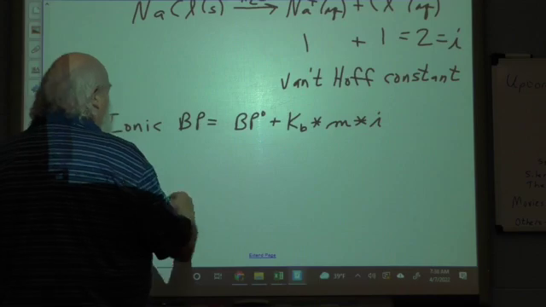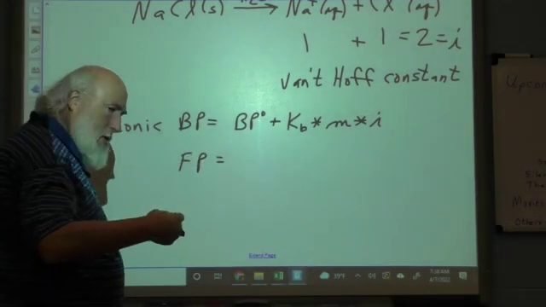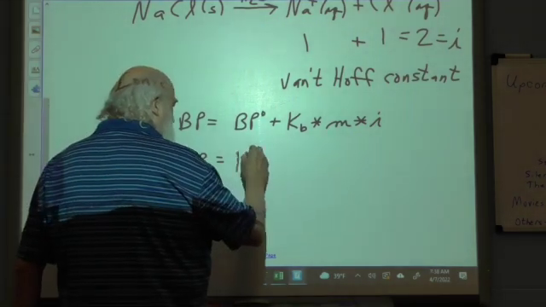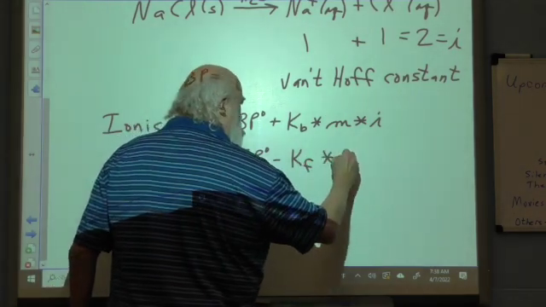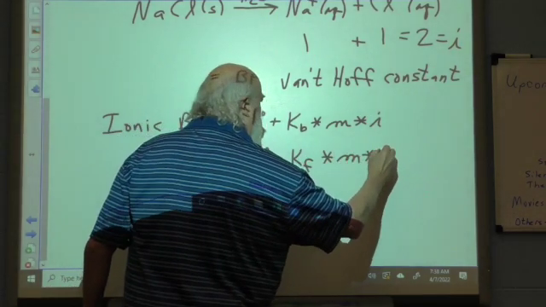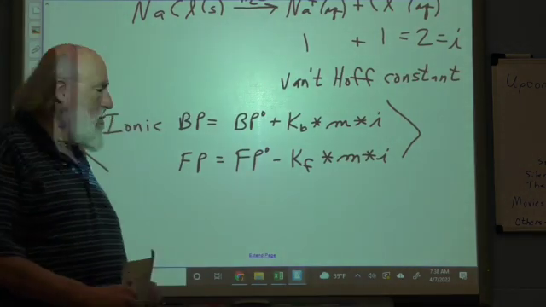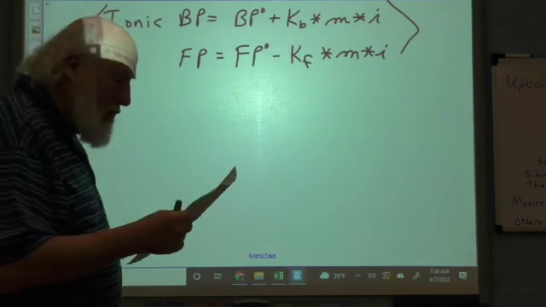Then the freezing point is going to drop in the same fashion. So we have the original freezing point minus Kf times M times I. These are the two new equations we are going to be dealing with in calculating boiling points and freezing points.